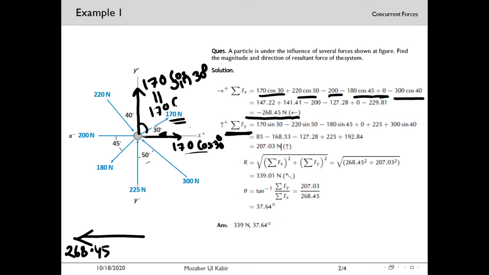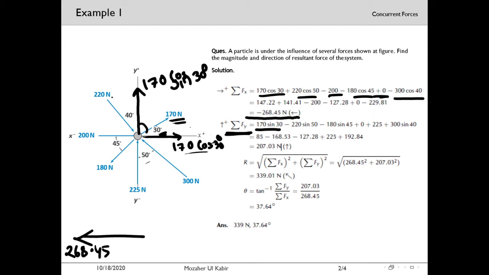The values of 170 sine 30 and 170 cos 60 are the same, so we can write any one of these two. Writing it as 170 sine 30, as it is acting upward, according to a sign convention y is positive upward, so it will be plus 170 sine 30.